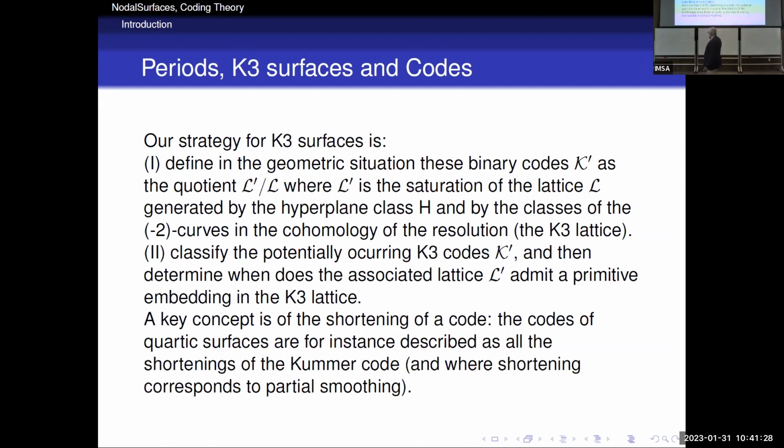K prime determines a lattice L prime, and then comes the question whether this lattice L prime admits a primitive embedding in the K3 lattice. That's the second step. One has to determine when the associated lattice admits a primitive embedding in the K3.